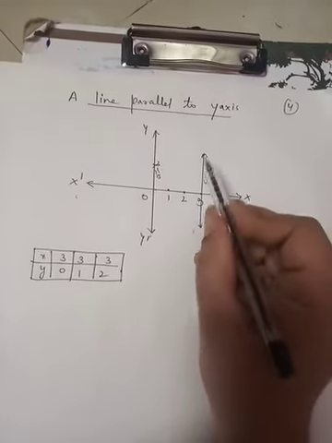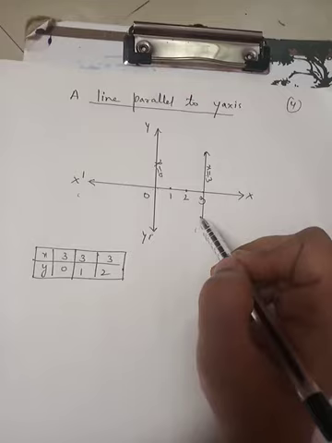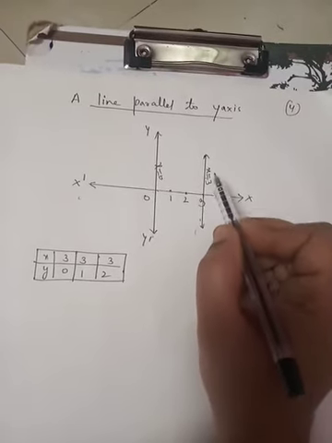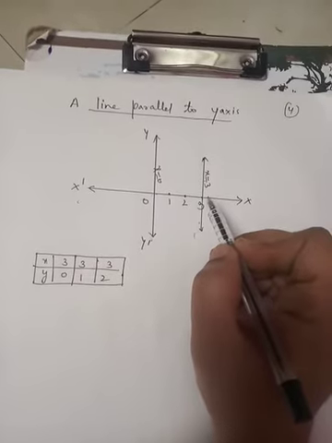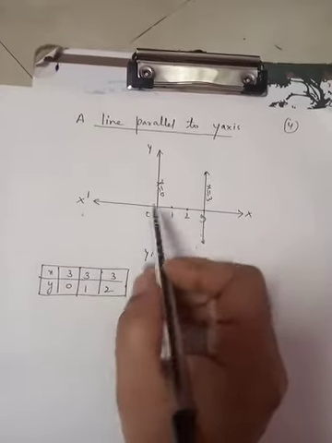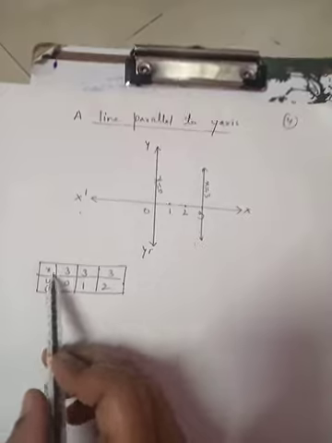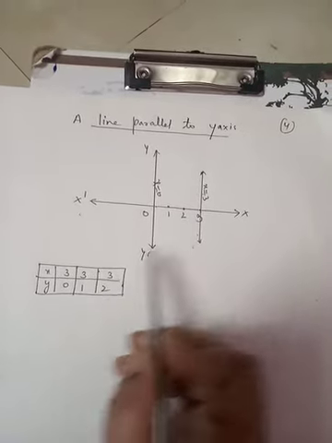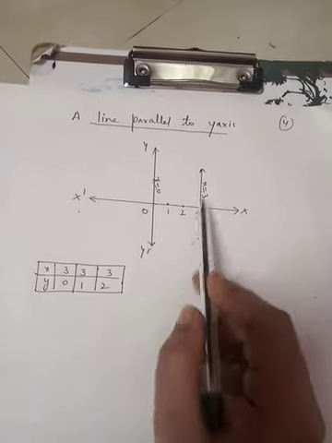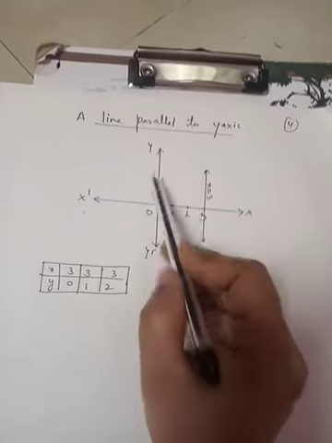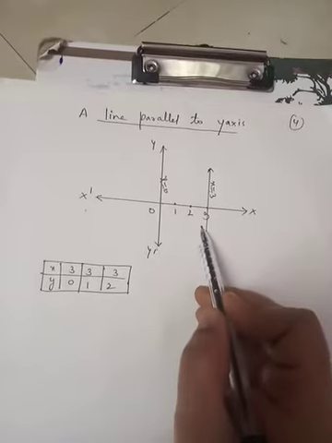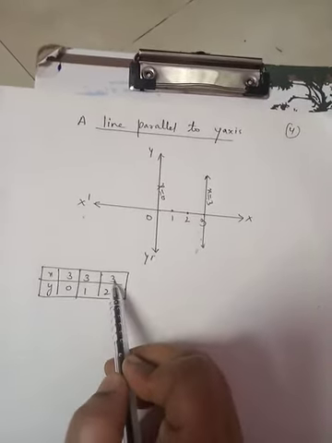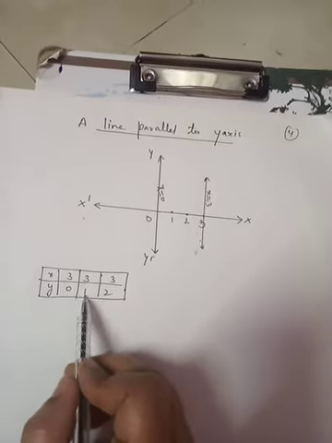So the equation of any line parallel to the y-axis is x is equal to the point from where it is passing. So x is equal to 3. Here the coordinates will be, since your x is fixed at 3, if we want to find the equation of this line which is parallel to the y-axis and passing through 3, make the x coordinate fixed, it is 3, and take any numbers for y.